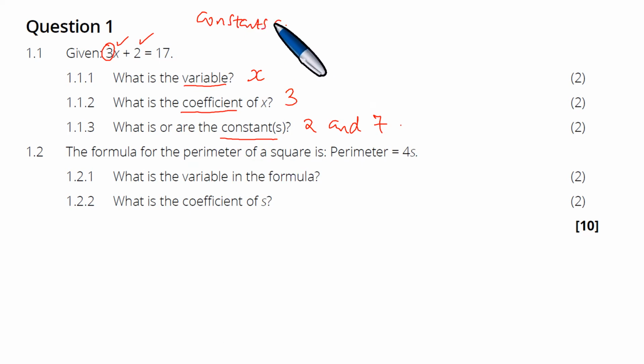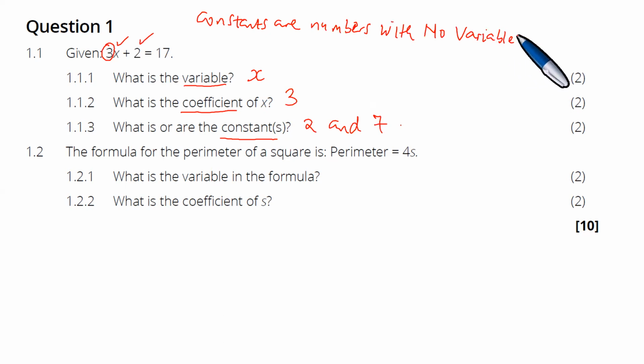Constants are numbers with no variables that multiply them.